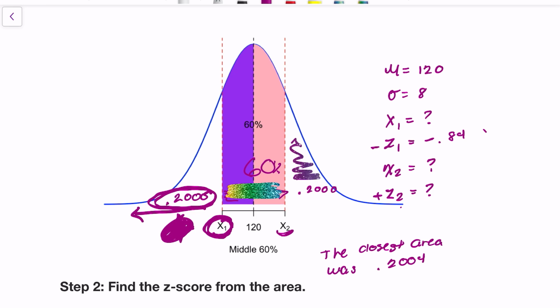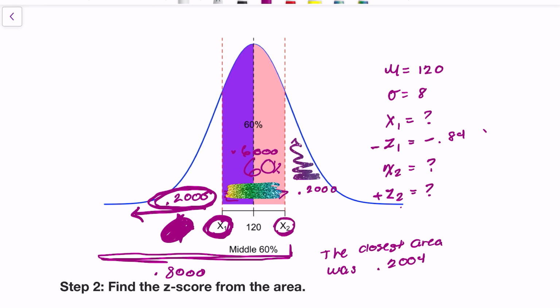I actually don't need to go back to the table again. I could if I wanted to. I could look for 0.20 plus 0.60. So that would be 0.80. And that would give me this whole piece. And I could look for the z-score for that. But I know the standard normal distribution, the z-score curve, is symmetrical about the mean.